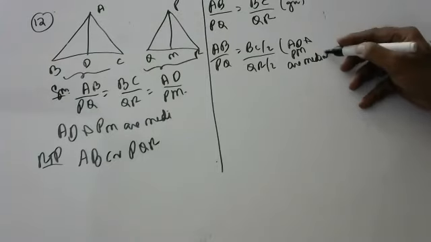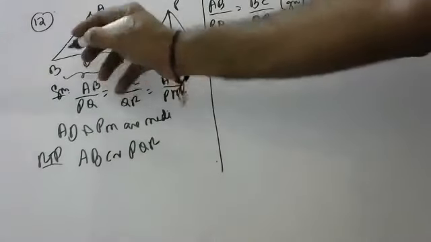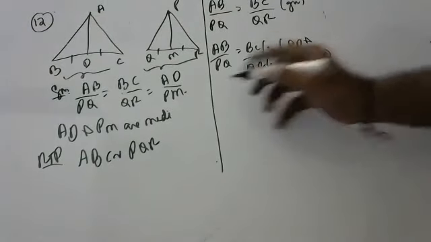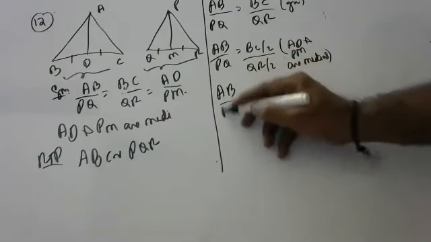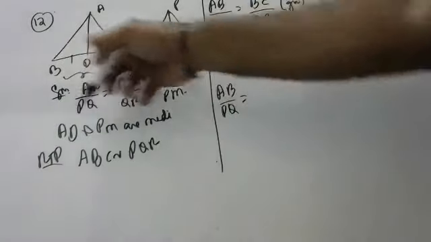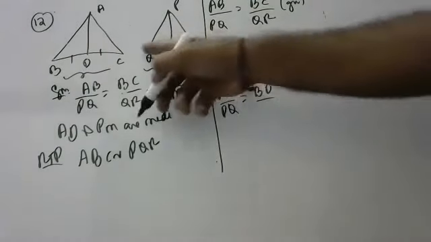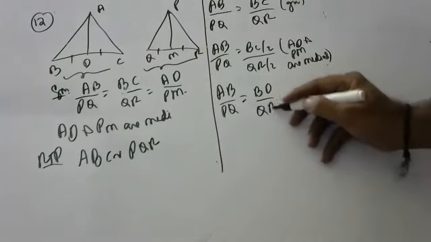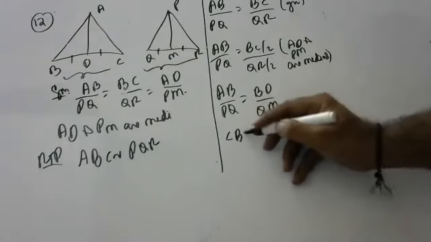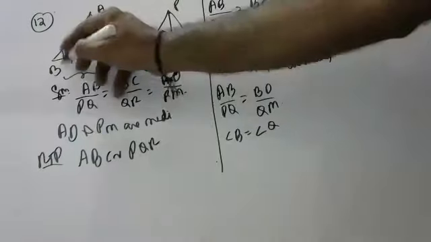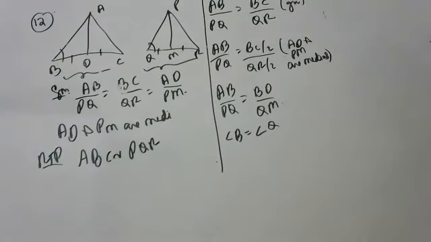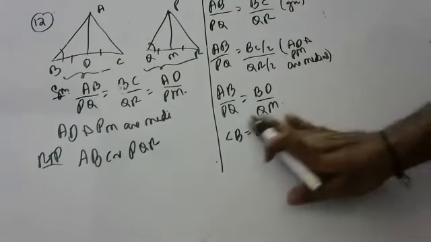Medians will divide the base into 2 equal halves. So I can do by 2 by 2, children. So AB by PQ will be, what is half of BC? BD. What is half of QR? QM. And angle B is equal to angle Q.